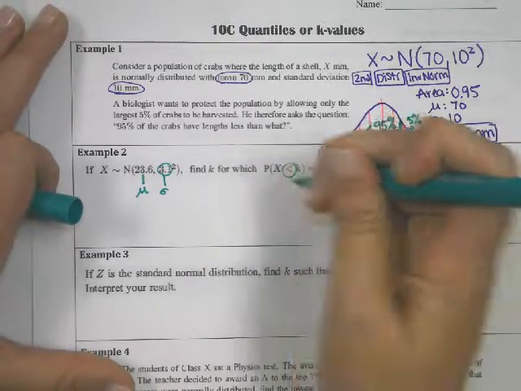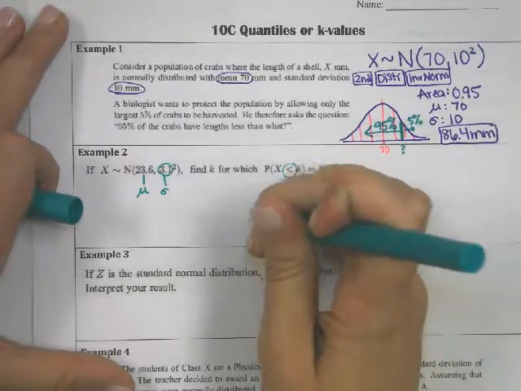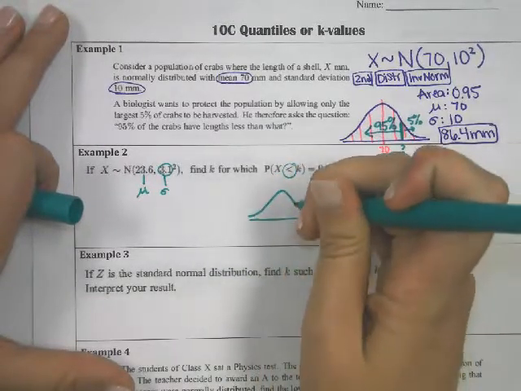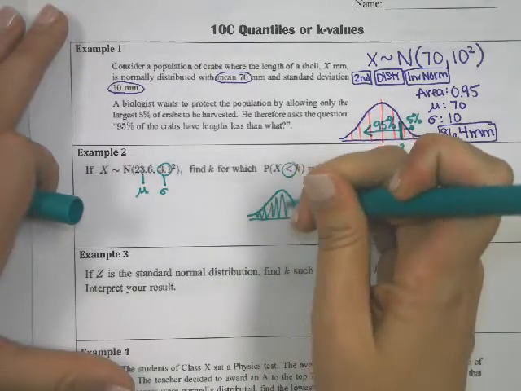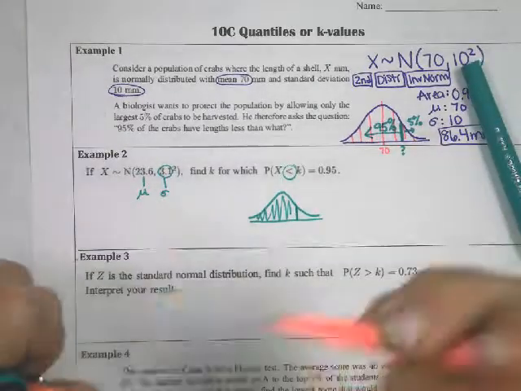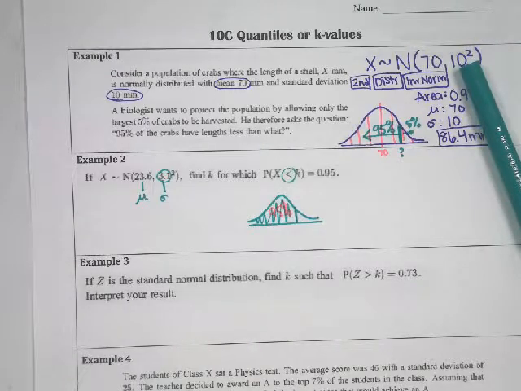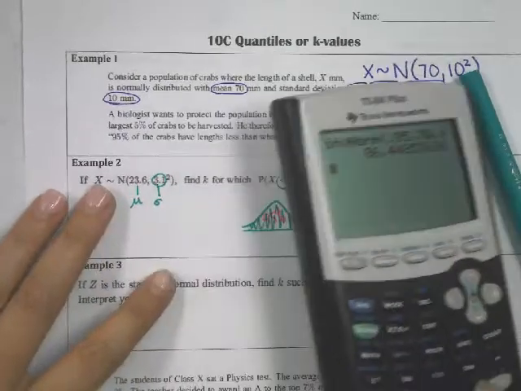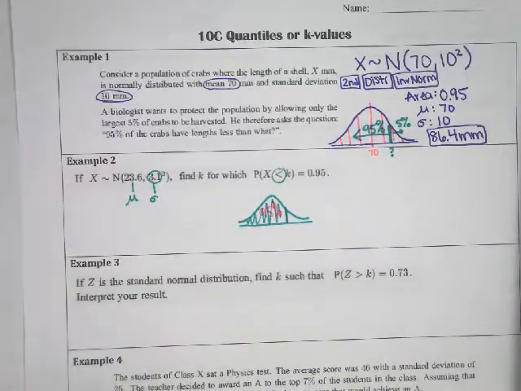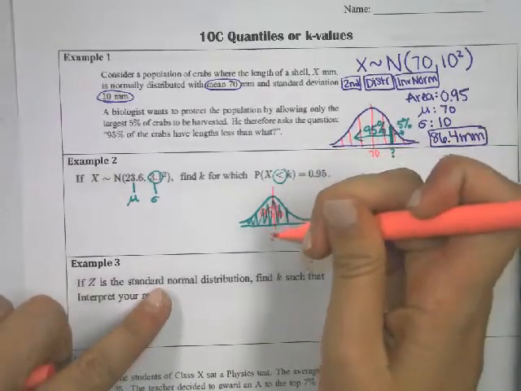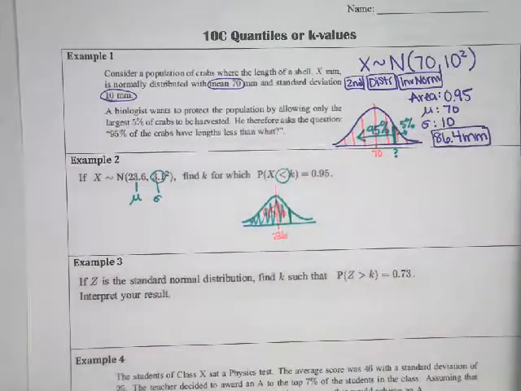So because it's this less than sign, we're looking for at some point 95% is less than. This is similar to our last question. So there's some value right here is our mean, which is 23.6.